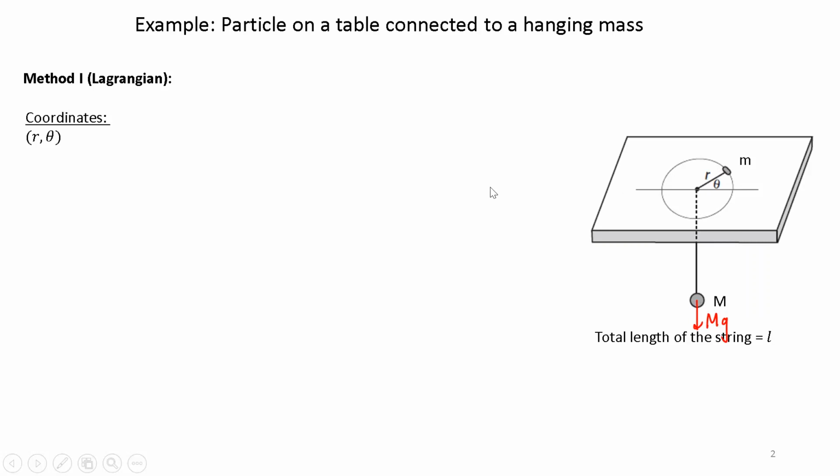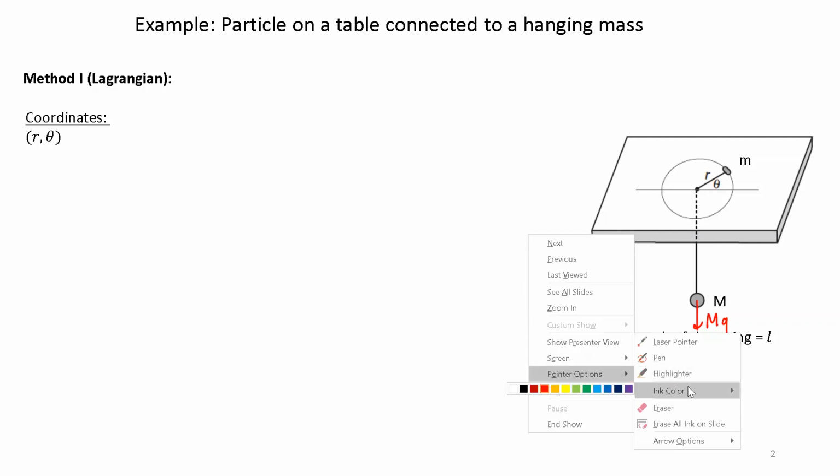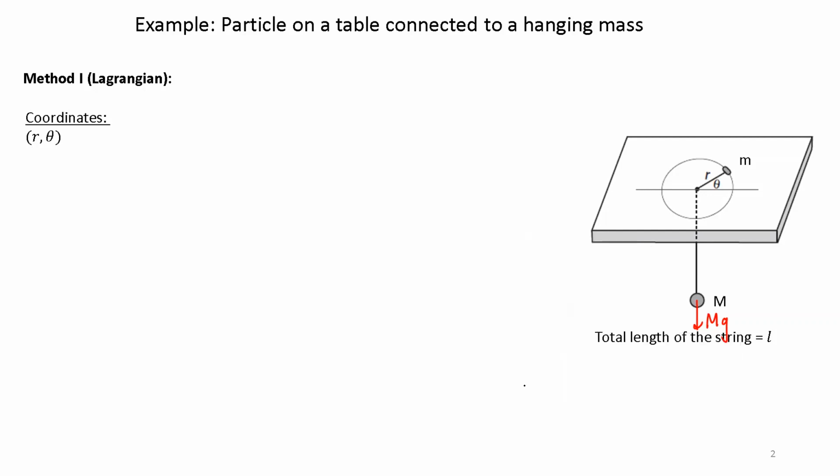Now, if I'm going to find the kinetic energy and potential energy to get the Lagrangian, you may first ask, what about the position of this big mass? I should also need another coordinate for this.